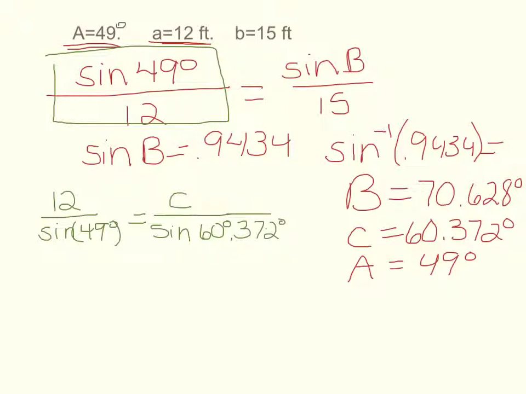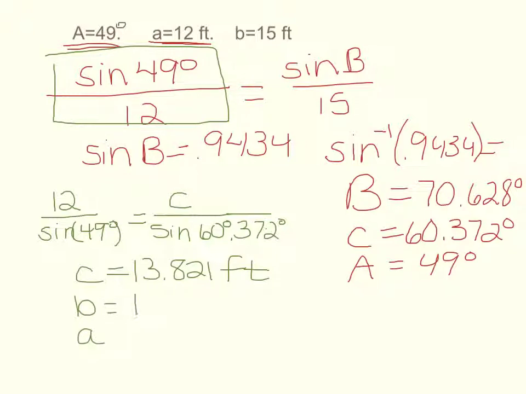Okay, so when I do the algebra here, I will be doing 12 times the sine of 60.372 divided by the sine of 49, and that's going to allow me to find out that C is 13.821 feet.